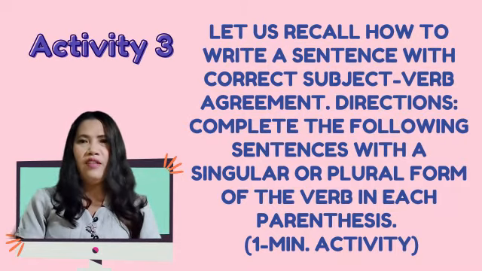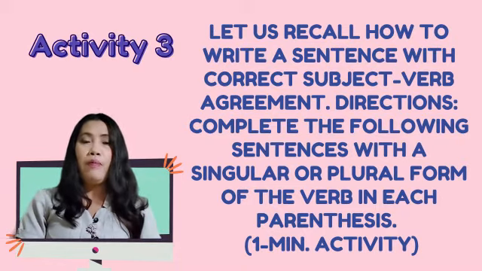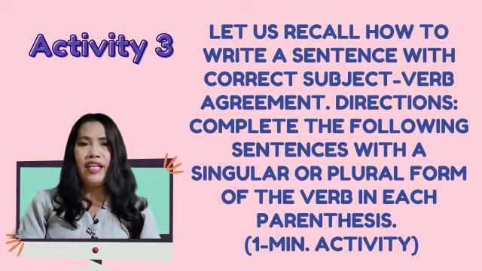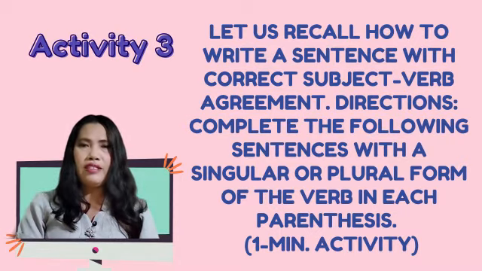Again, you'll be seeing a guide in a parenthesis in each sentence. All you have to do is to write the correct form of the verb, which will agree to the subject, as you've learned in your previous lesson.